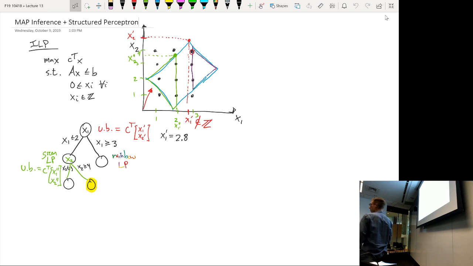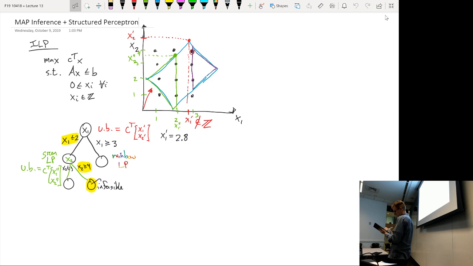So we would solve a new linear program. It would have these 2 new constraints, x1 less than or equal to 2 and x2 greater than or equal to 4. And what would the solution of that LP be? No solution. It would actually return infeasible.